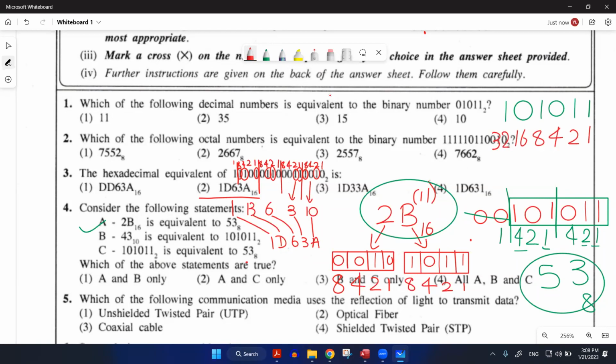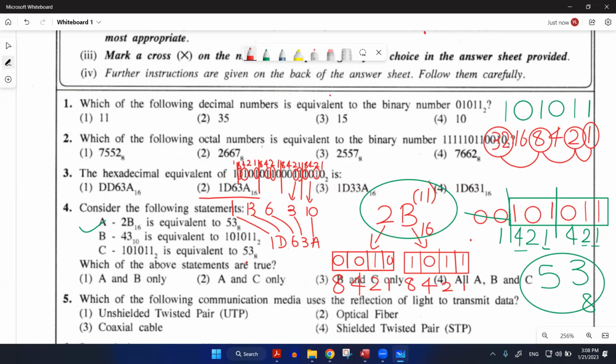So we add 32 plus 8 plus 2 plus 1: 32 plus 8 is 40, 40 plus 2 is 42, 42 plus 1 is 43.